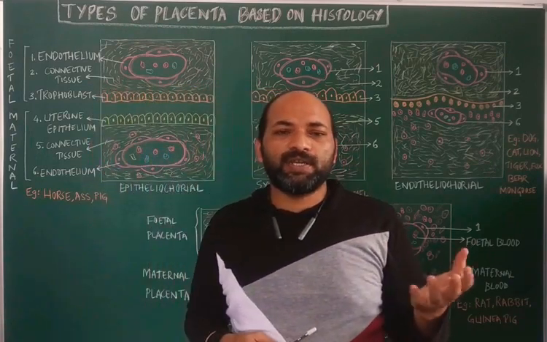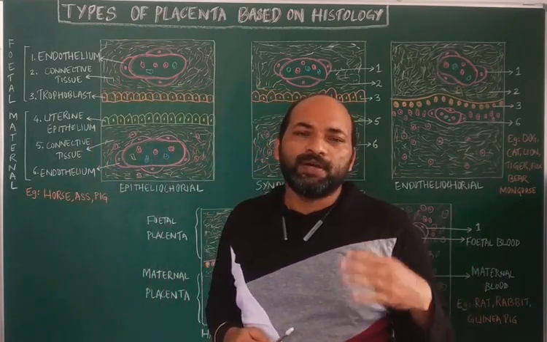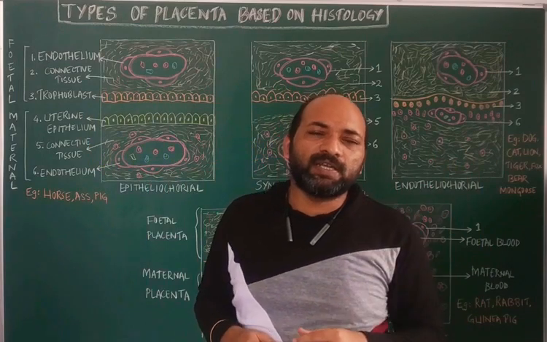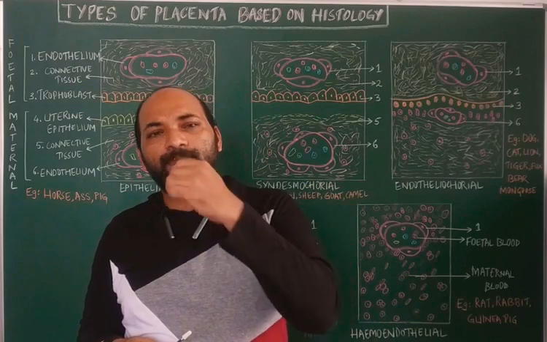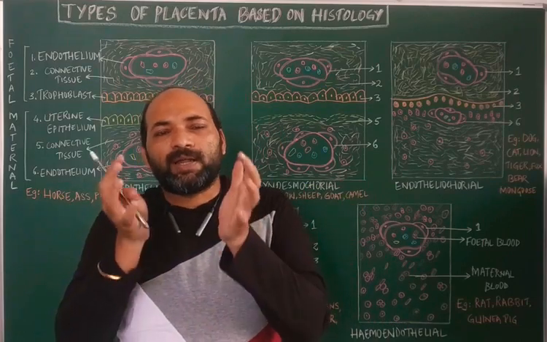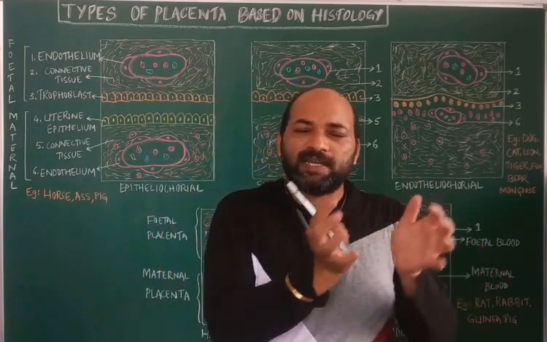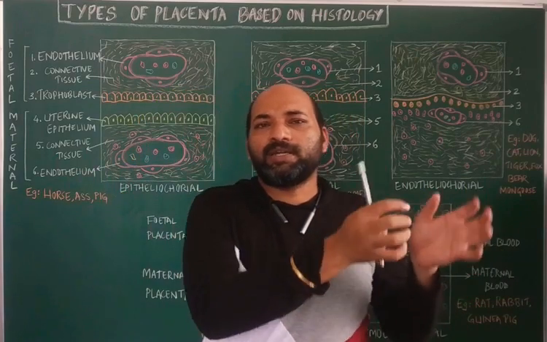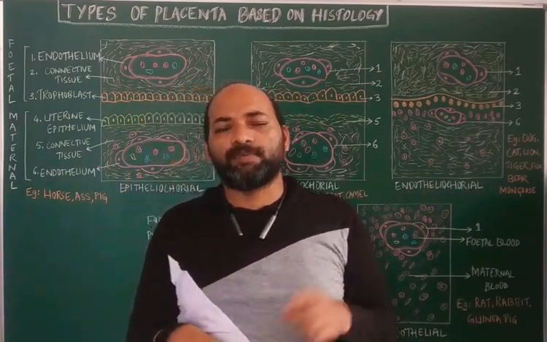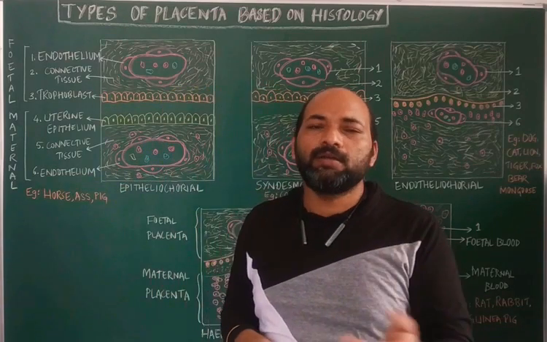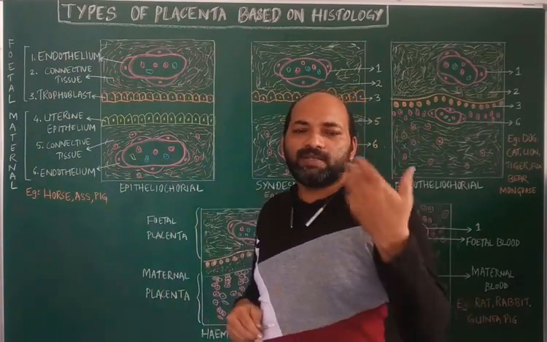So non-deciduate, deciduate, and contradeciduate are the three types of placenta based on the fate of the uterine placenta, whether the placenta remains inside the body of the mother, sheds off, or gets absorbed by the maternal uterus.